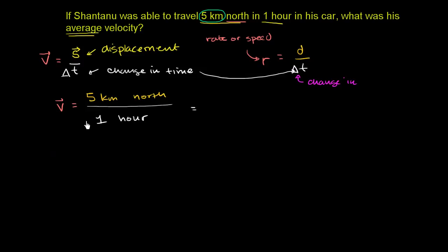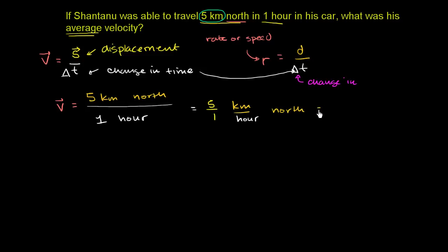So this is equal to, if you just look at the numerical part of it, 5 over 1. 5 over 1 kilometers, and you can treat the units the same way you would treat the quantities in a fraction. 5 over 1 kilometers per hour, and then to the north.